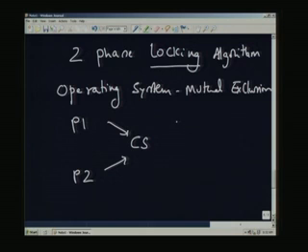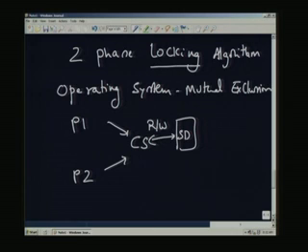Whenever P1 is in the critical section, it is trying to manipulate the shared data structure. Only one of them can be allowed to be in the critical section, performing the read write operations on the shared data structure.